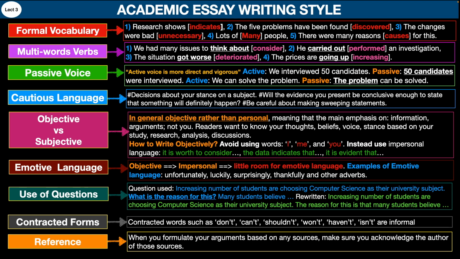You must acknowledge the author of those sources. Who has written these arguments? Whose idea you are borrowing? So make sure you do that. All these 9 styles and features we have to keep in mind, but there are some more. When we study paragraph writing especially, we will learn them.